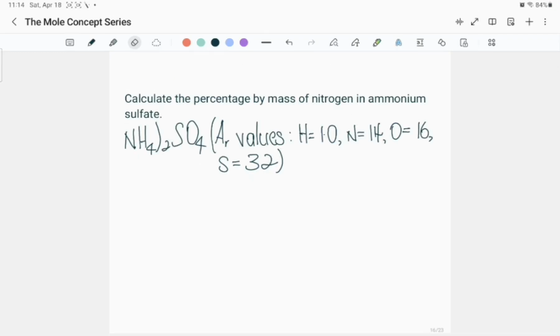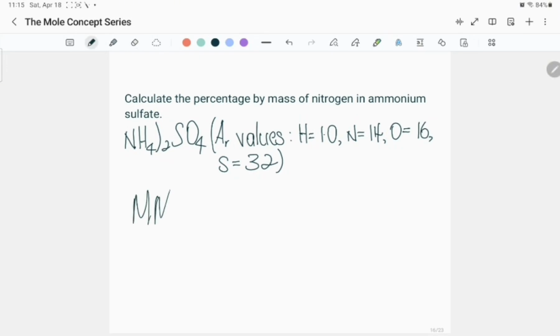Let's consider this question. Calculate the percentage by mass of nitrogen in ammonium sulfate. In order to answer questions like this, firstly we must find the molar mass of ammonium sulfate. And finding the molar mass of a compound is basically the sum of all the Ar values present in that compound.